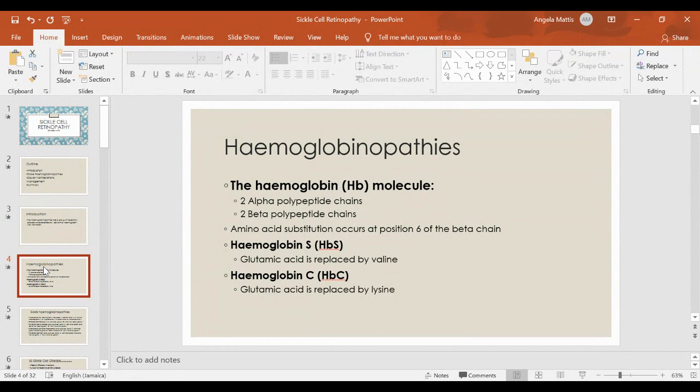This is one of the very few. If I remember correctly, I think this was the first one, but don't quote me on that. But there is an amino acid substitution at position 6 on the beta chain. So for hemoglobin S, glutamic acid is replaced by valine. And in the abnormal hemoglobin C, glutamic acid is replaced by lysine.